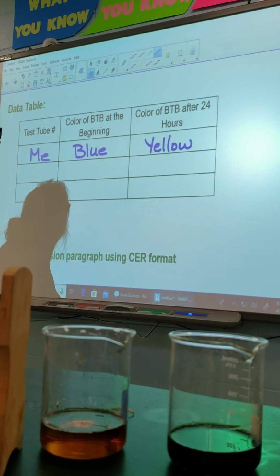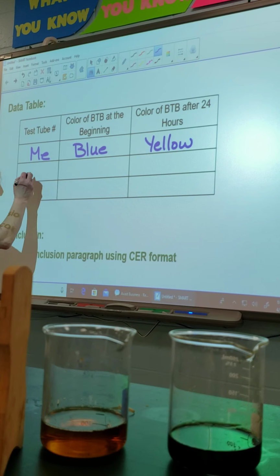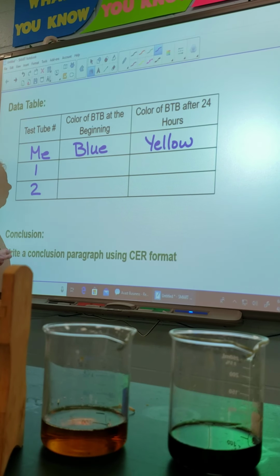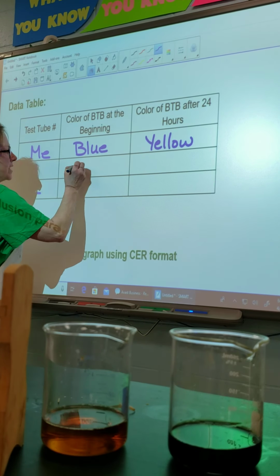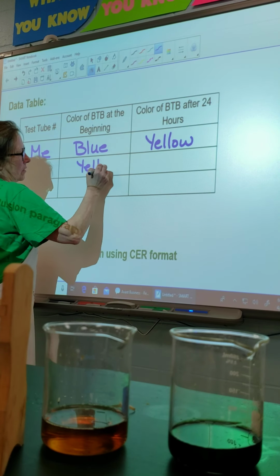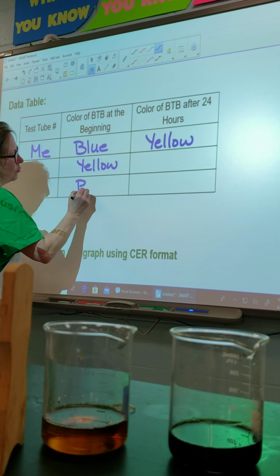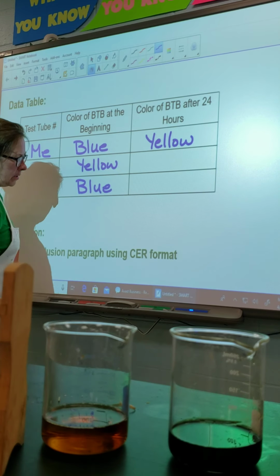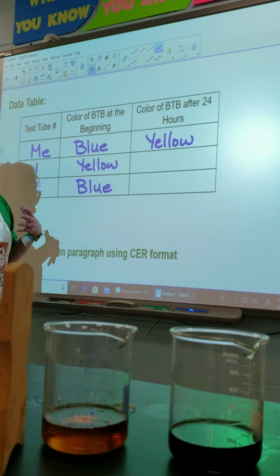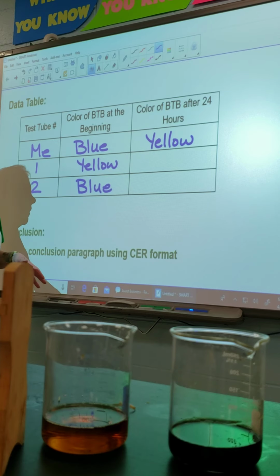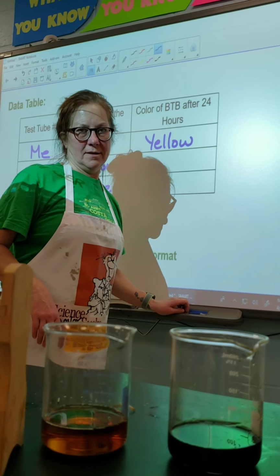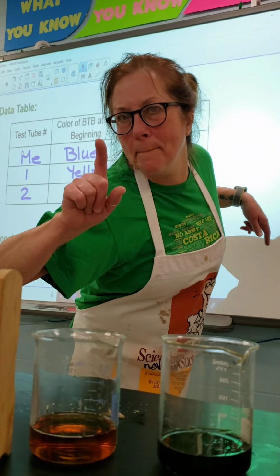Okay. Now, test tube 1 and test tube 2. Test tube 1 started out yellow, and test tube 2 started out blue. Okay, now I'm going to pause this video and let this sit and then come back to it. What do you think is going to happen? Make a guess.